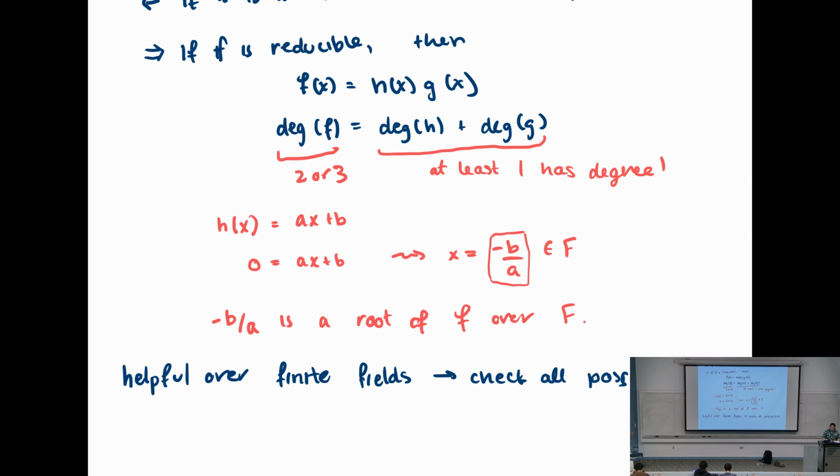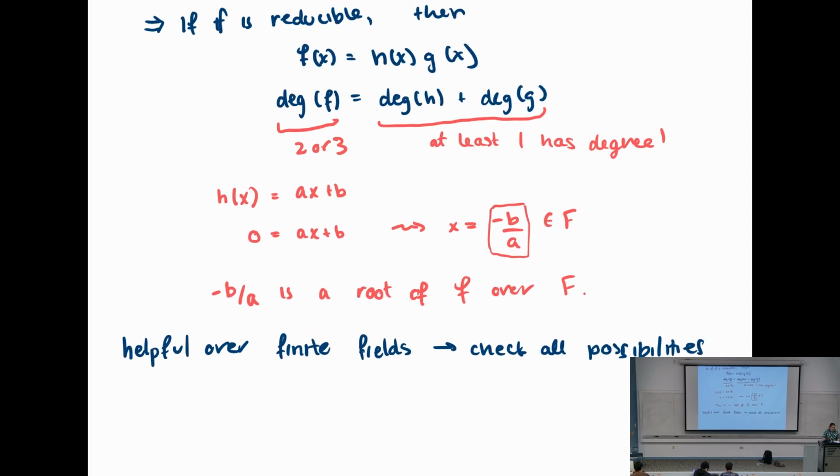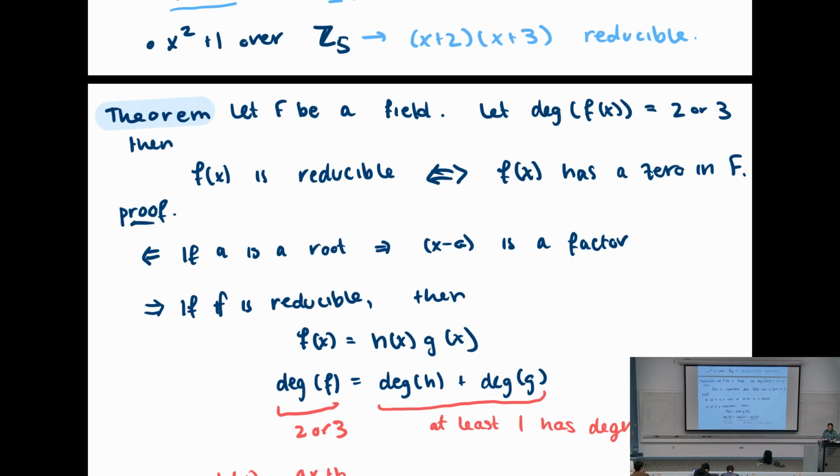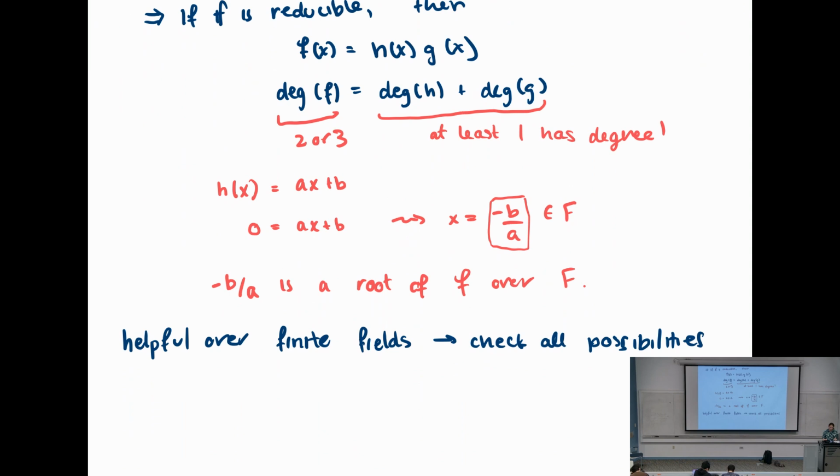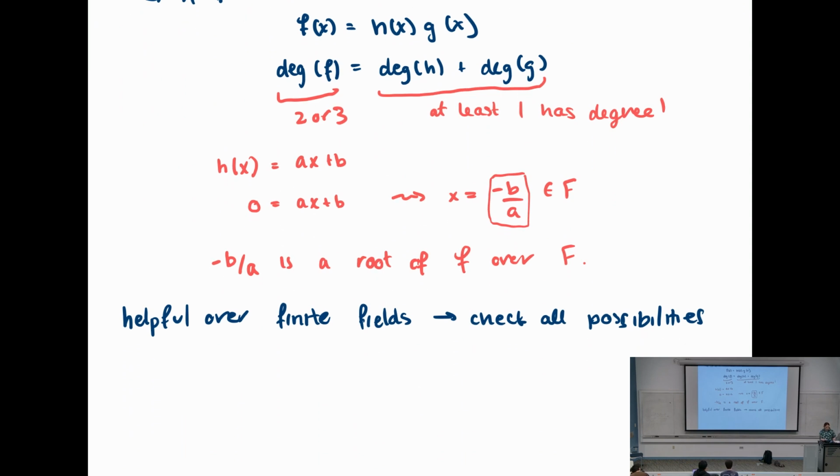And then I wanted to give an example to illustrate why we needed to assume in this theorem that the degree of your polynomial is 2 or 3. So I'll give you a degree 4 example where it doesn't have roots over the field, but it's still reducible. So here's the example. In Q[x], we'll look at the polynomial (x squared plus 1) squared.